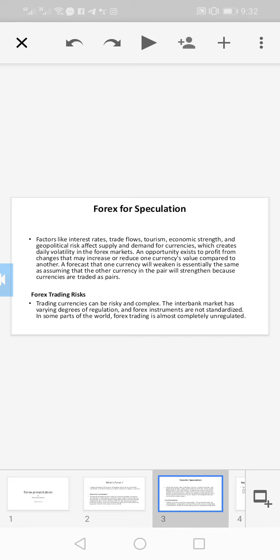But if one gains value, maybe by 30 cents, this means the pair will go up. And this is what you will be speculating, depending on the factors that we outlined, like interest rate, trade flow, tourism, economic strength, geopolitical risk. These are the things that you need to be on the lookout for.